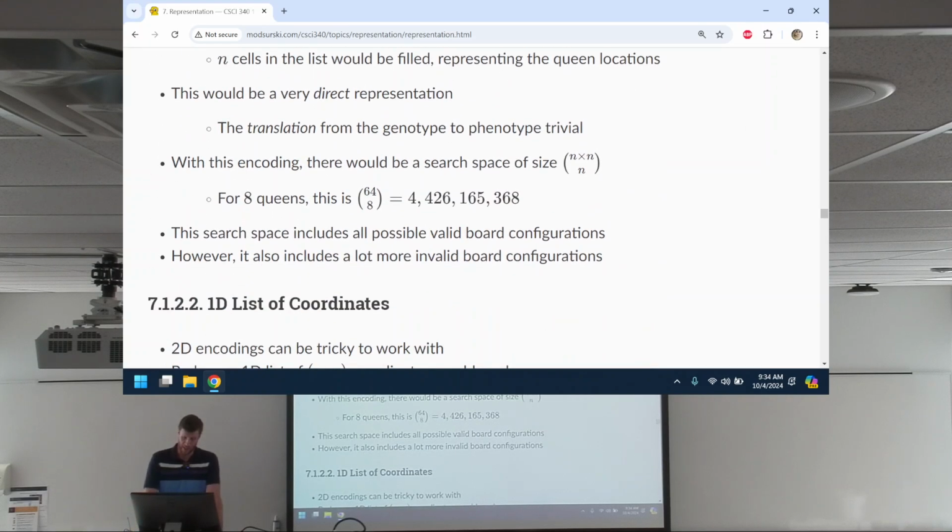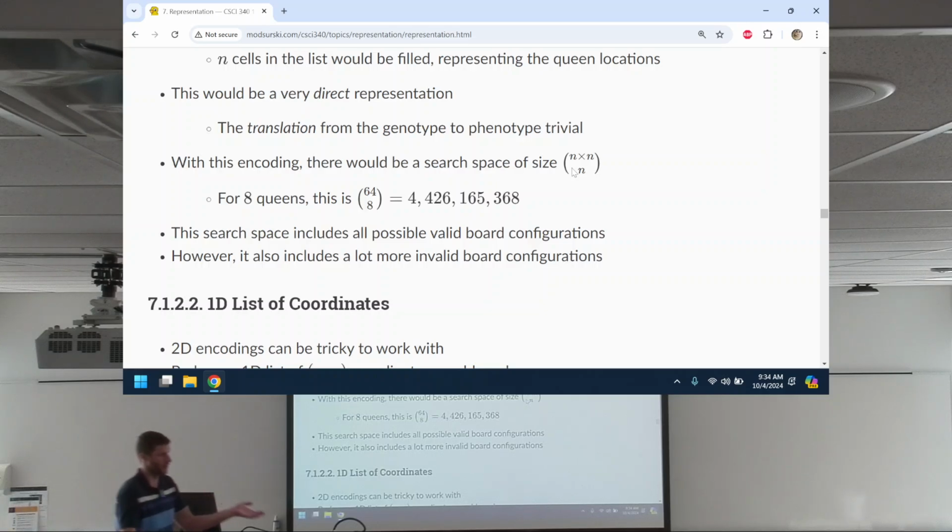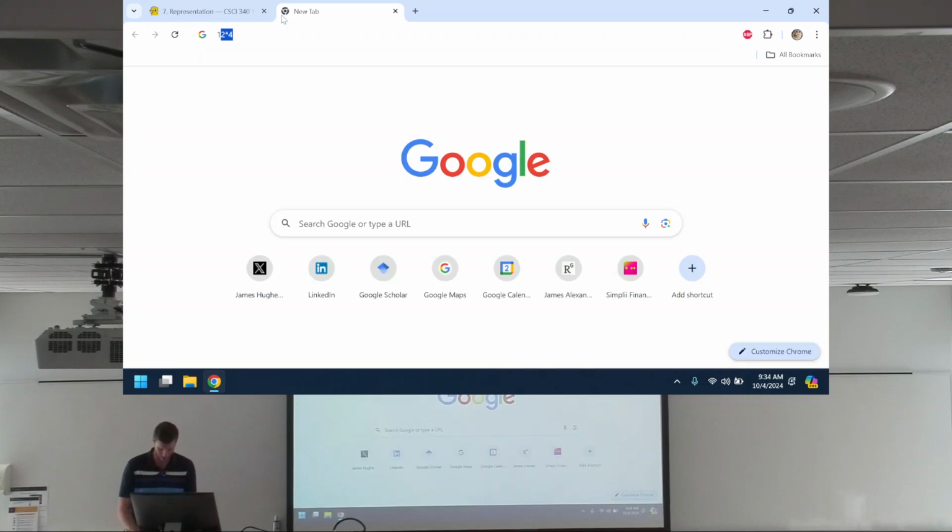So with this genotype, we have almost 4.5 billion different possible configurations, which isn't that bad, really. But remember, we aren't really interested in smaller versions of these problems. We always like to geek out about arbitrarily large versions where n is a pretty big number. So what is 100 choose 10?